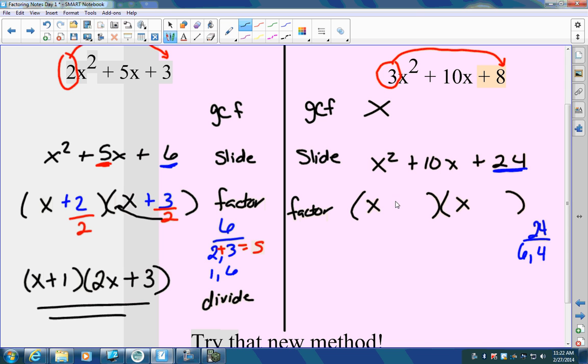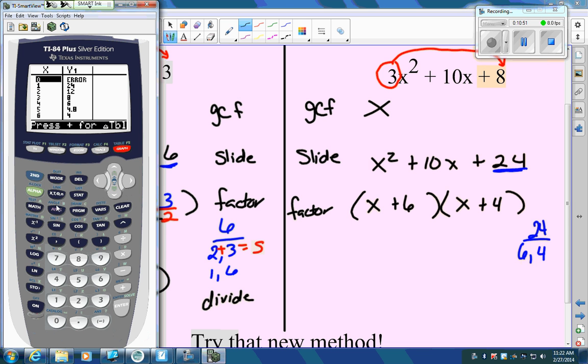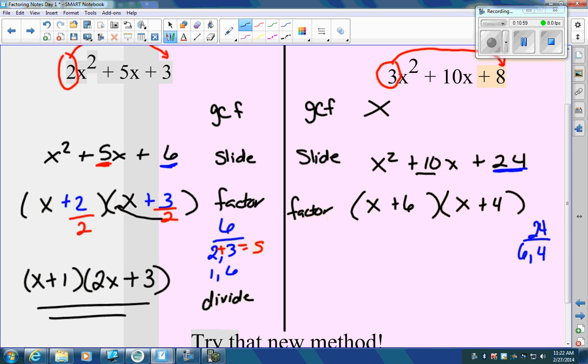So now I'm going to put plus 6 and plus 4. I went to y equals, put 24 divided by x, pressed second graph, and right here are my factors. I added them up to see which one gave me 10. Now, the last thing you have to do is divide.